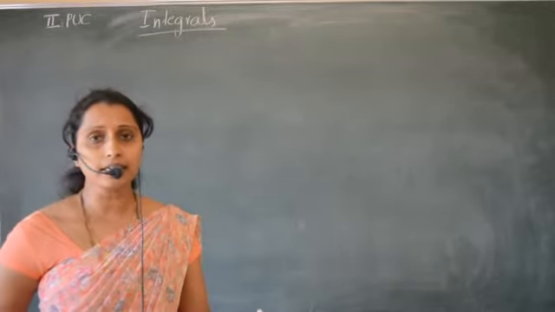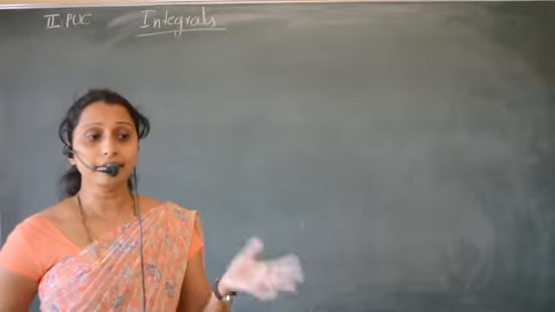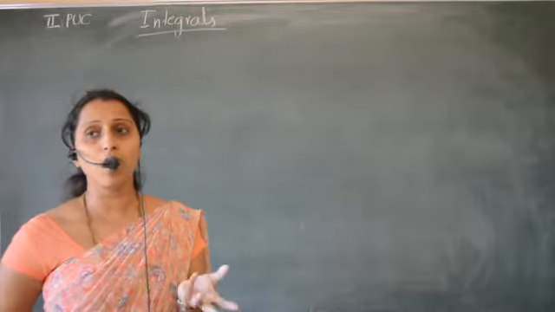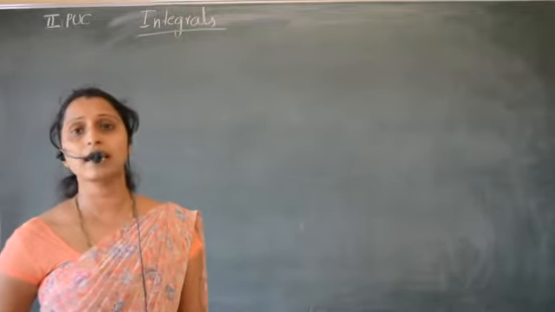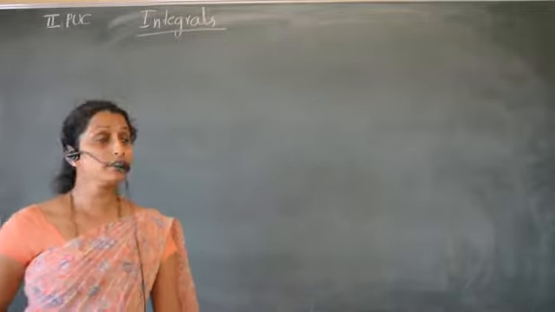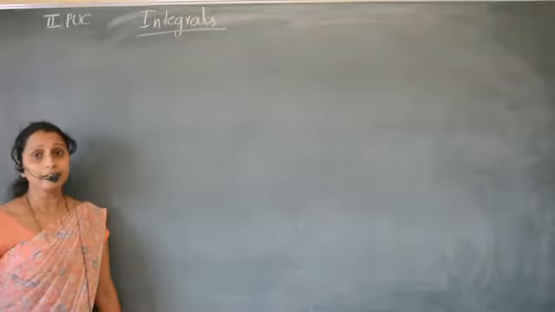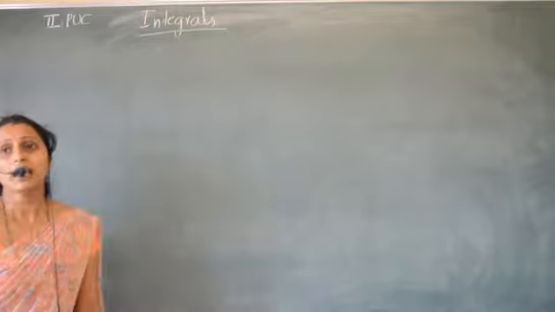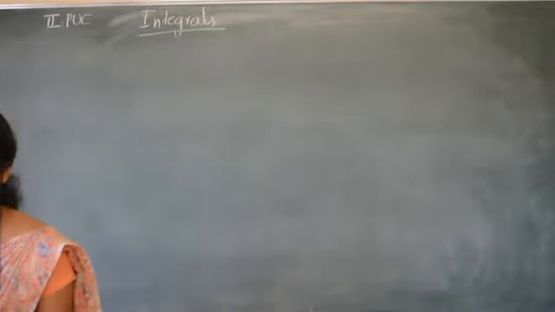Therefore, by thinking for what function the given function is the derivative, that is the method of finding an antiderivative, called the method of inspection. The search of a function for finding an antiderivative is known as integration by the method of inspection.